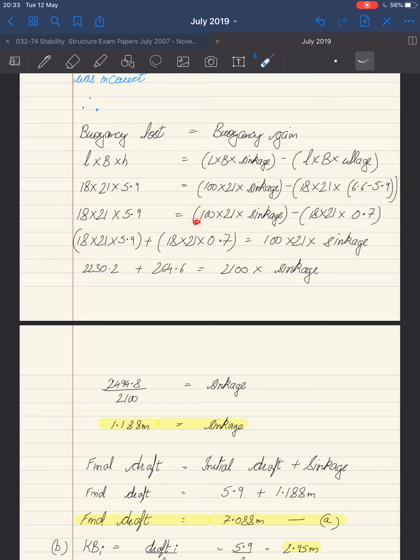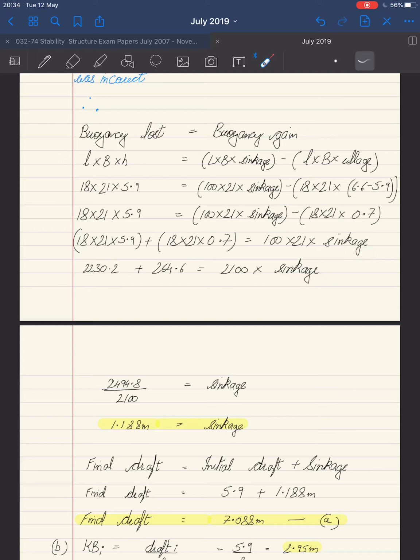Now what is left on the right hand side is just this bit, which is 100 times 21 times sinkage. When we solve this bit, we get 2230.2, and when we solve this part, we get 264.6. And on the right hand side of the equation, we solve this numerical bit, which is 100 times 21, where we get 2100, and sinkage stays as it is.